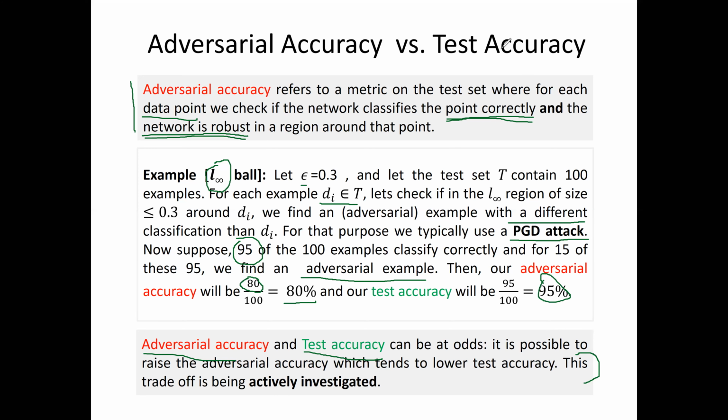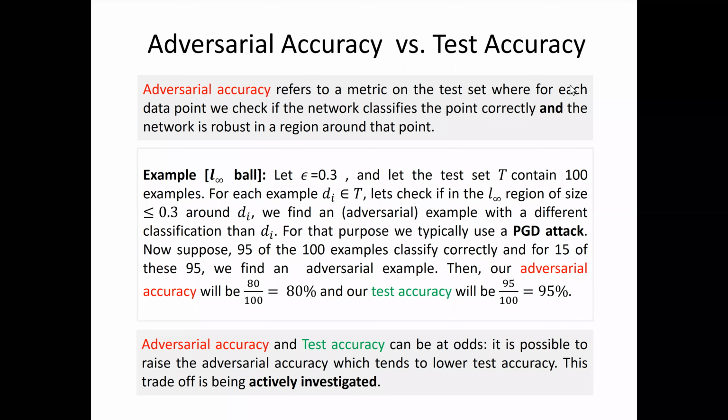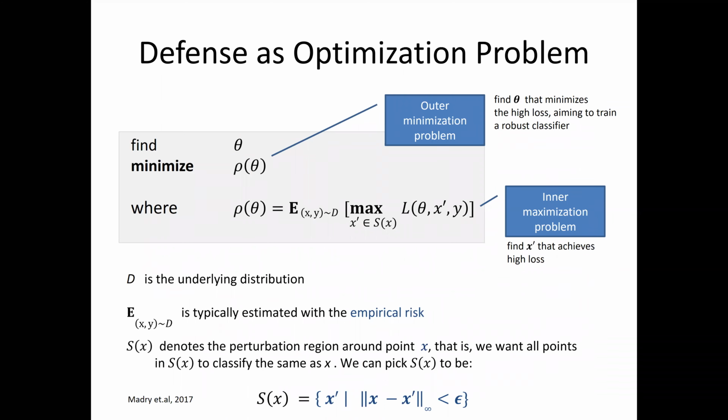So let's clear this so we are not interrupted by the drawings, and let's look at one of the more popular adversarial defenses that tends to get used in practice. Probably it's not surprising to you that the adversarial defense is going to be phrased as an optimization problem.